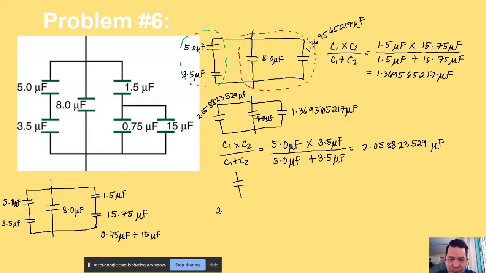So, we have 2.058823529 microfarad plus 8.0 microfarad plus 1.369565217 microfarad.